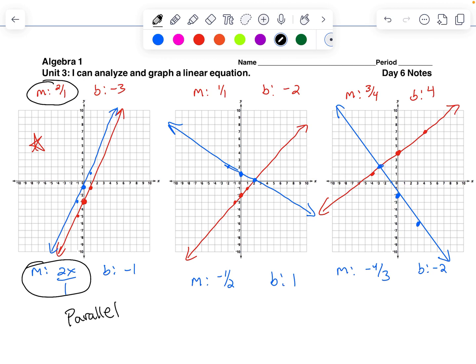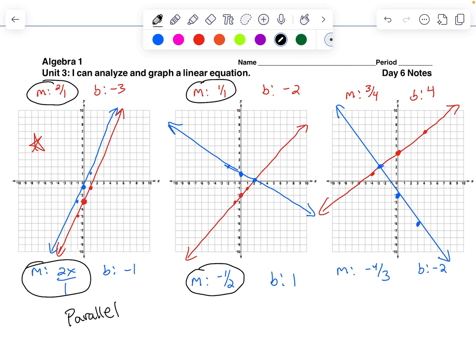All right, look at number 2. My top slope was 1 over 1. My bottom slope was negative 1 over 2. Well, they're not the exact same slope, so they can't be parallel. So now if I look to see if they're perpendicular, well, we know for them to be perpendicular, the slopes have to be the opposite, which means one has to be positive and one has to be negative. If I look at that top equation, 1 over 1, that's positive, and the bottom one, it's negative 1 over 2. So that fits.